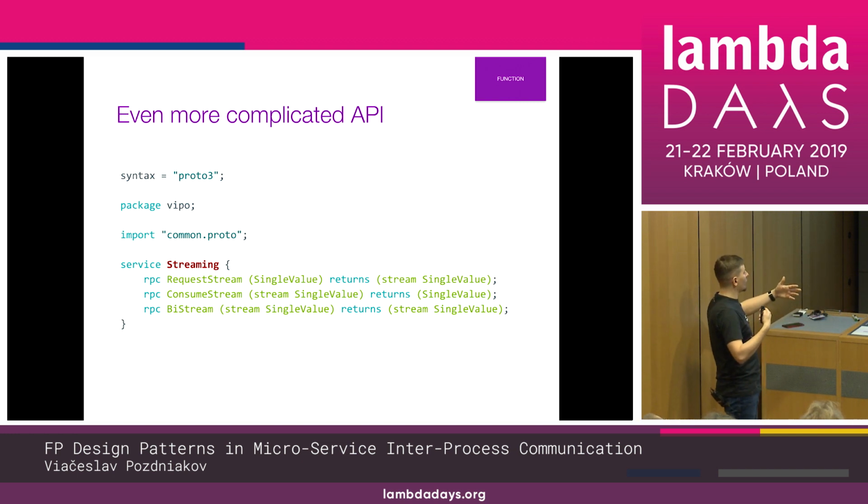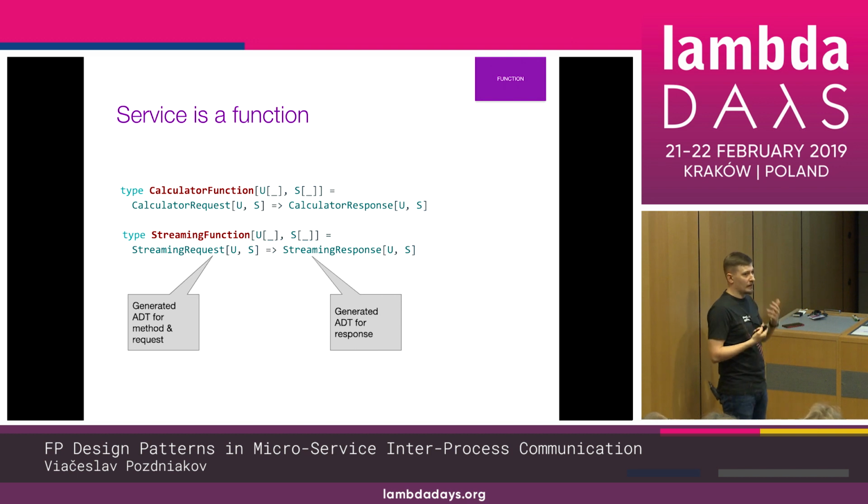And I believe that all we have to do is just generate a request and response algebraic data types for these methods and responses. And your service must be a function from request to response.